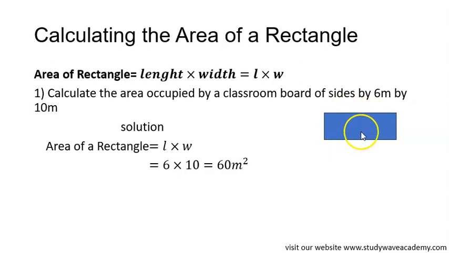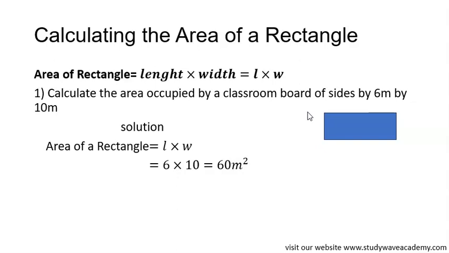To calculate the area of this rectangle, the amount of space this rectangle occupies, we use the formula L times W, which is length times width. In most cases, you can see length times breadth is still the same thing. Breadth and width is still the same thing, okay? Do you understand?